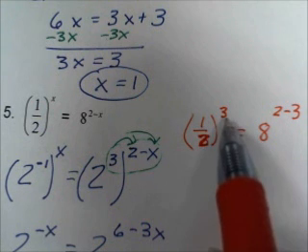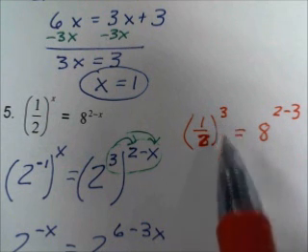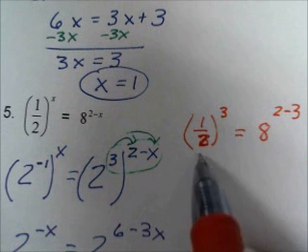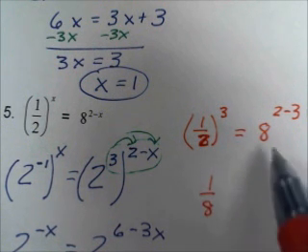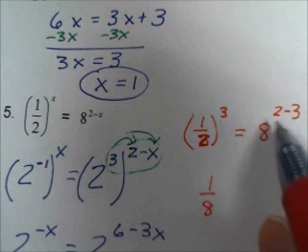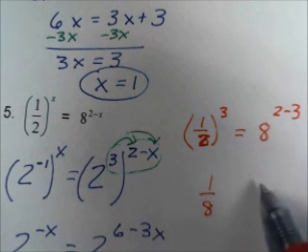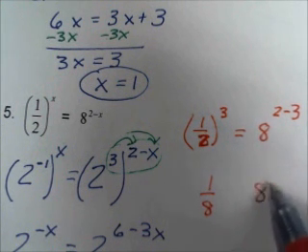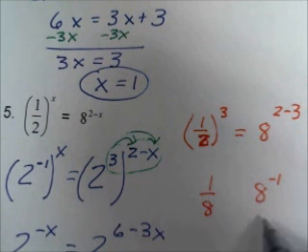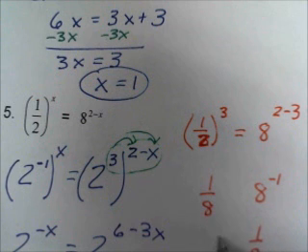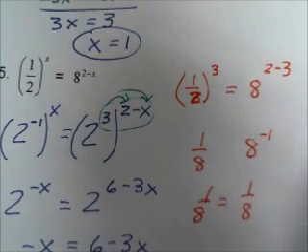Okay, that's 1/2 cubed, which is 2 cubed is 8, so that's going to be 1/8. And 8 to the 2 minus 3, 2 minus 3 is -1, and 8 to the -1 is also 1/8. So 1/8 does equal 1/8, so that checks.